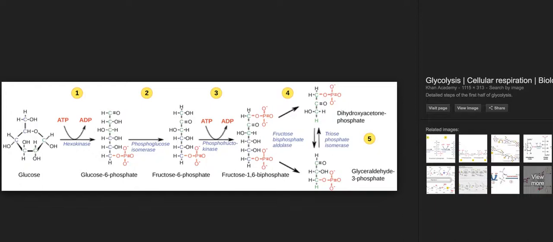Before we even start, we actually have to add energy into the system, and we do that by adding ATP. So we need to invest, just like anything. You can't get something for free. In this case, we're investing 2 molecules of ATP to get the reaction going. So here we're going to add an ATP, and that's going to take that enzyme and add a phosphate group.